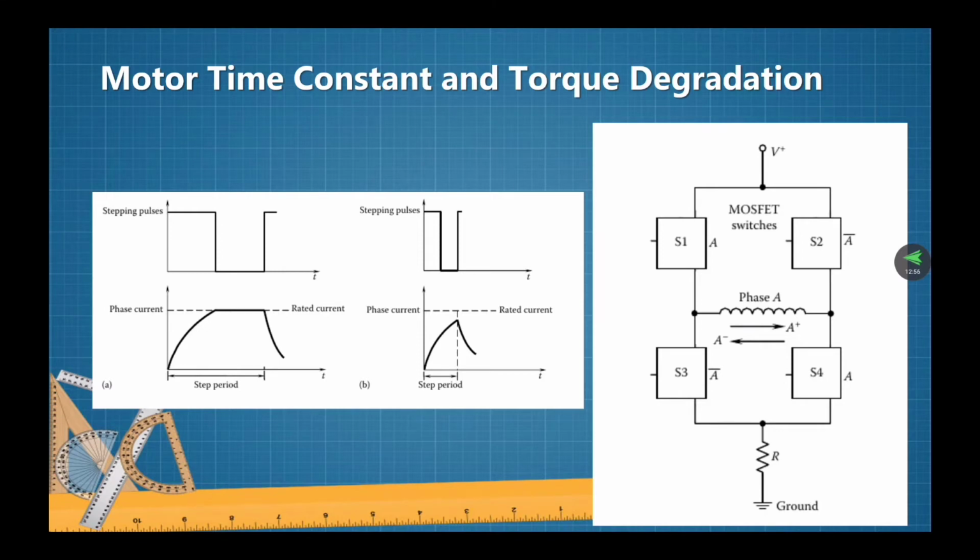As the stepping rate increases, the time period available for each step decreases. So a phase may be turned off before reaching its desired current level in order to turn on the next phase, thereby degrading the generated torque at the higher step rates due to the inductance.